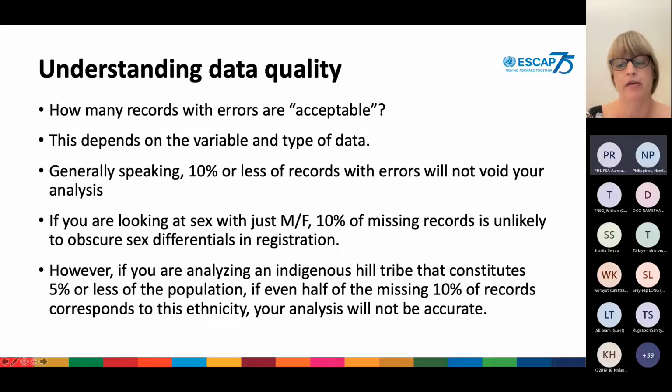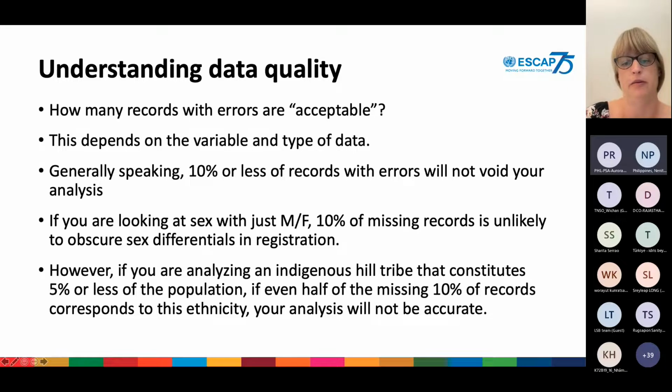If even half of your missing records, so 10% that are missing, correspond to this hill tribe, then your analysis might not be accurate for that hill tribe population. So you would be missing information on them and you wouldn't really be able to understand registration completeness. So it kind of depends on what you're looking at.